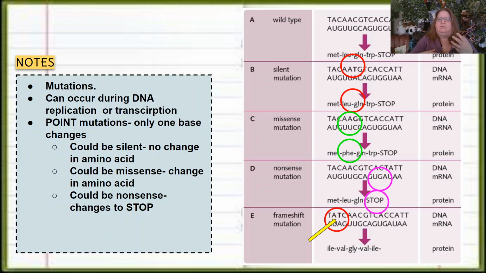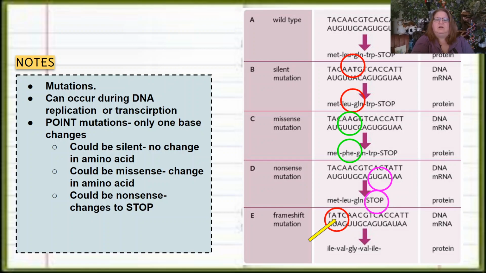But it may not be a big change, and depending on the placement of this amino acid in the protein, it may not be that big of a deal. If it's in an active site of an enzyme and it changed the shape of the active site, then yes, that could be a big deal. But if it's on the outlying structure of the enzyme, it may not be that drastic a change of the shape.